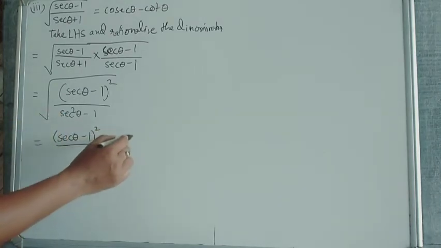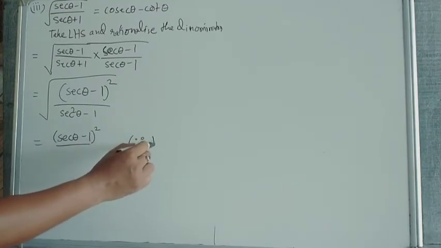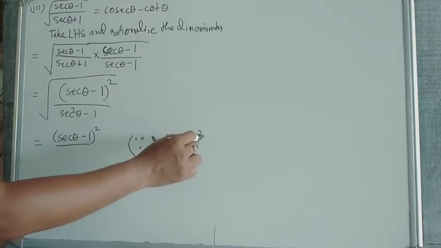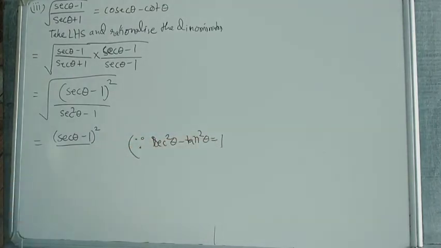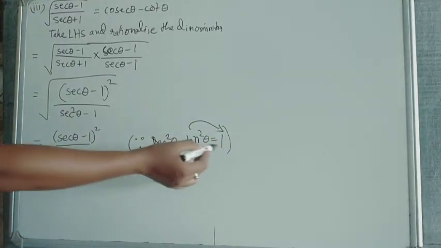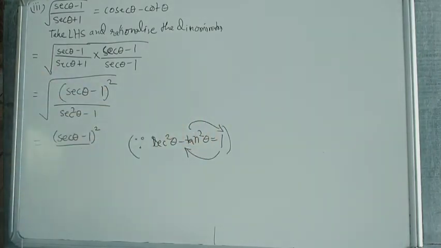So again, here what formula are we using? Sec square theta minus tan square theta is equal to 1. So tan square theta, if it goes that side, 1 comes this side. So sec square theta minus 1 will become tan square theta.